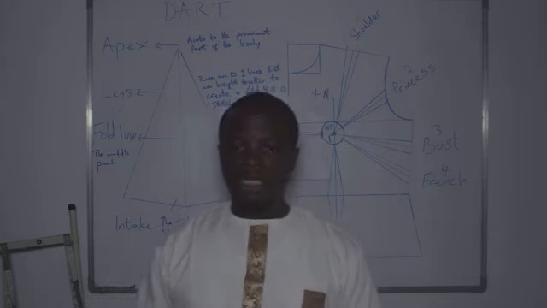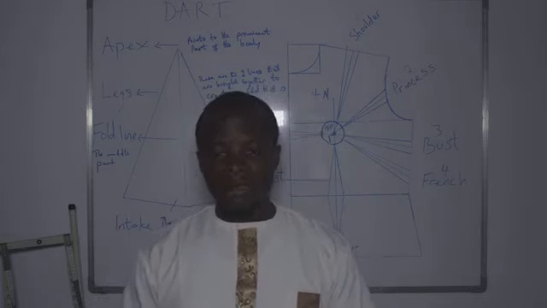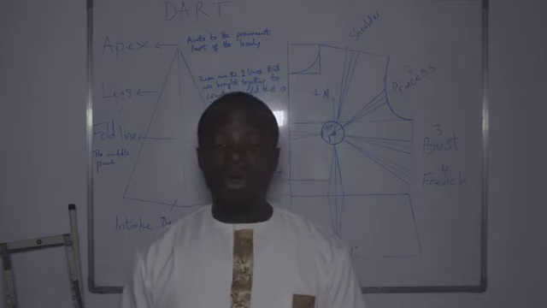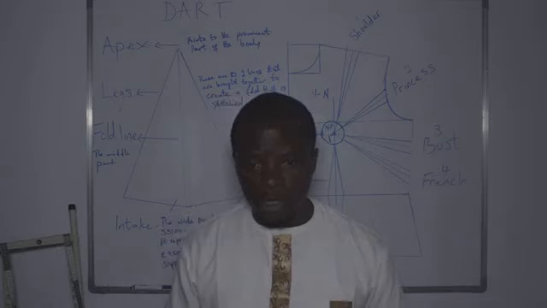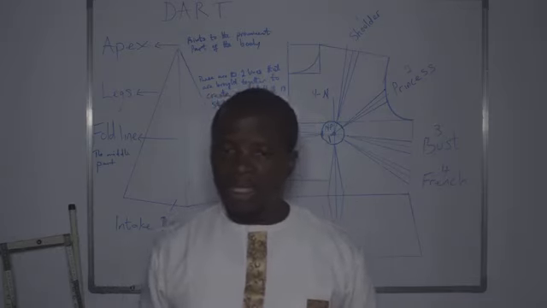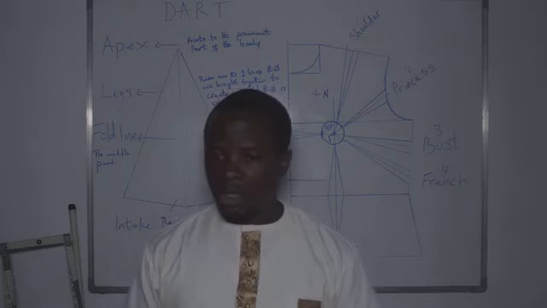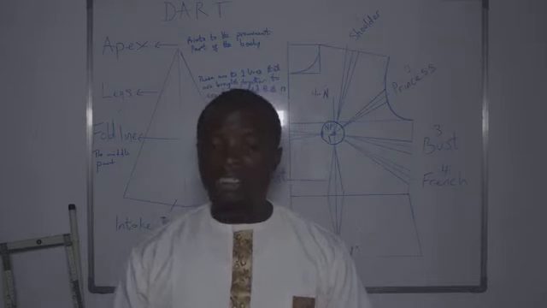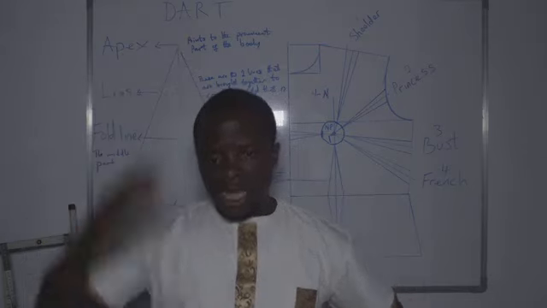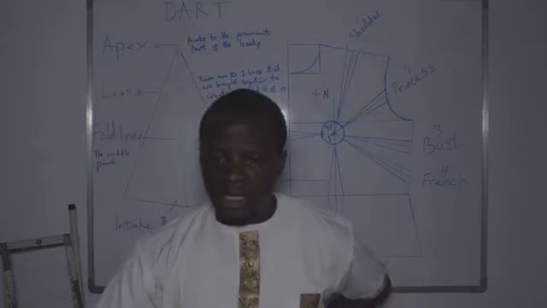And lastly, darts allow flat fabric to take on a shape that will fit the body well. You have to consider this point very well. Fabric is flat, but the body is not. The body has height, it has width, and it has depth.